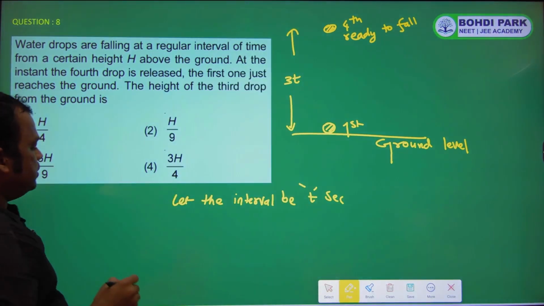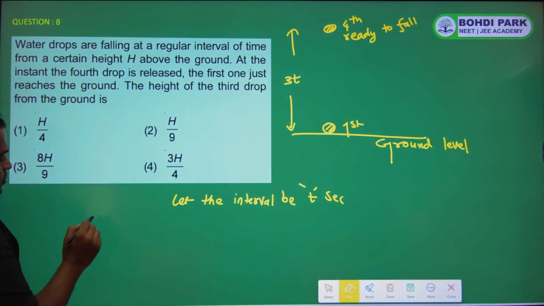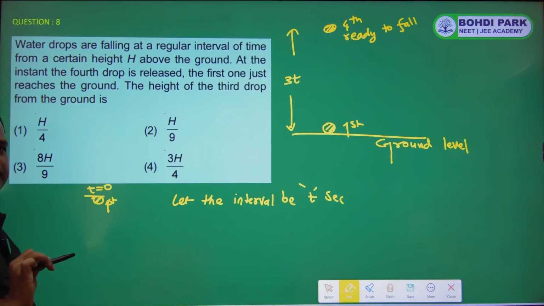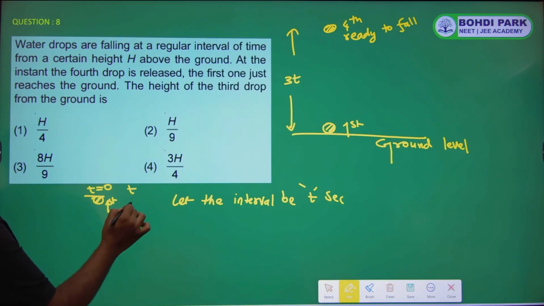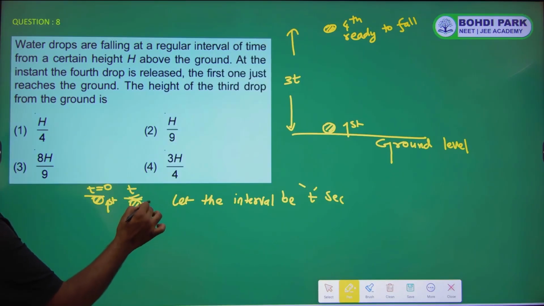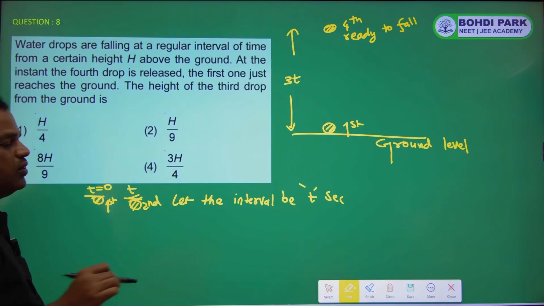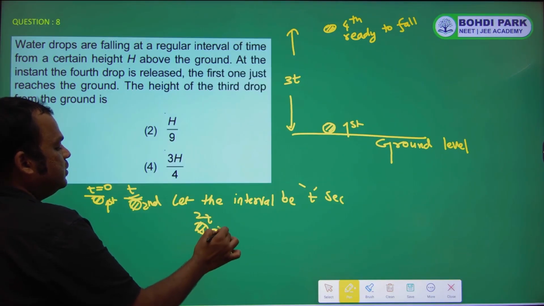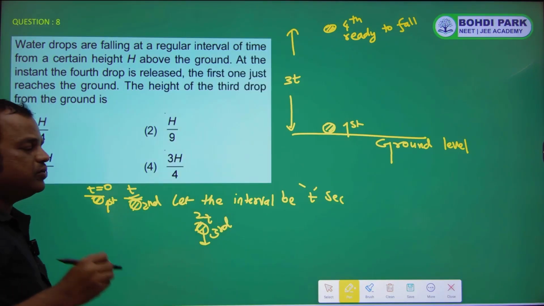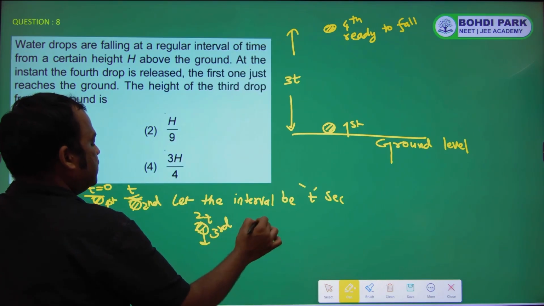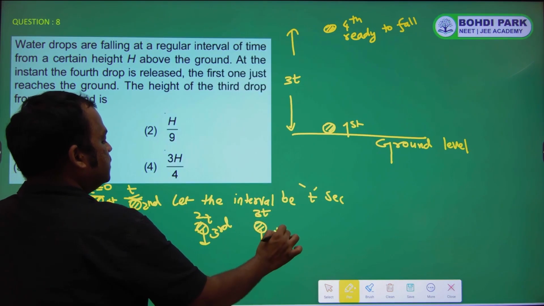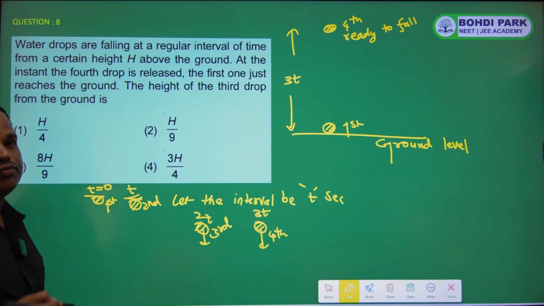So you can understand using this diagram. Suppose when time is 0, the first drop is ready to fall. After time t, the second drop is ready to fall. Similarly, after time 2t, the third drop is ready to fall, and after time 3t, the fourth drop is ready to fall.